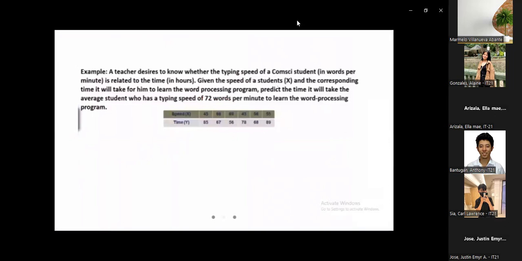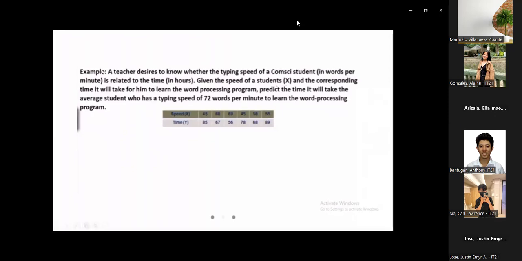A teacher desired to know whether the typing speed of a comp sci student in words per minute is related to the time in hours. Given the speed of a student's x and the corresponding time it will take for him to learn the word processing program. Predict the time it will take the average student who has typing speed of 72 words per minute to learn the word processing program.